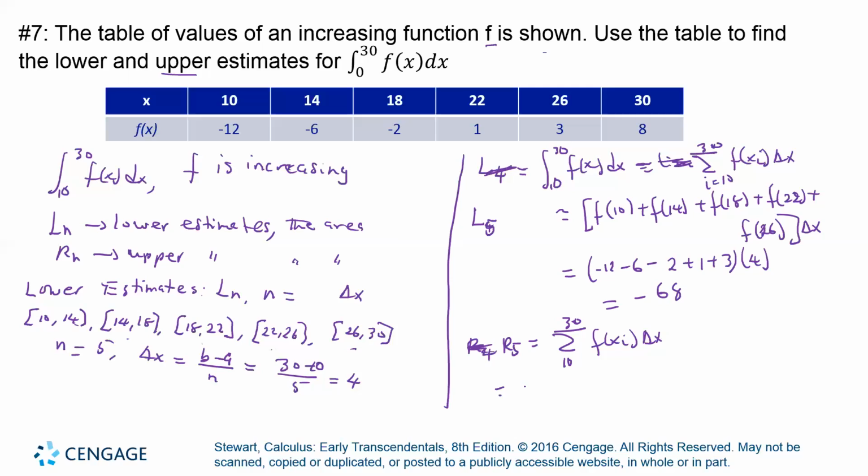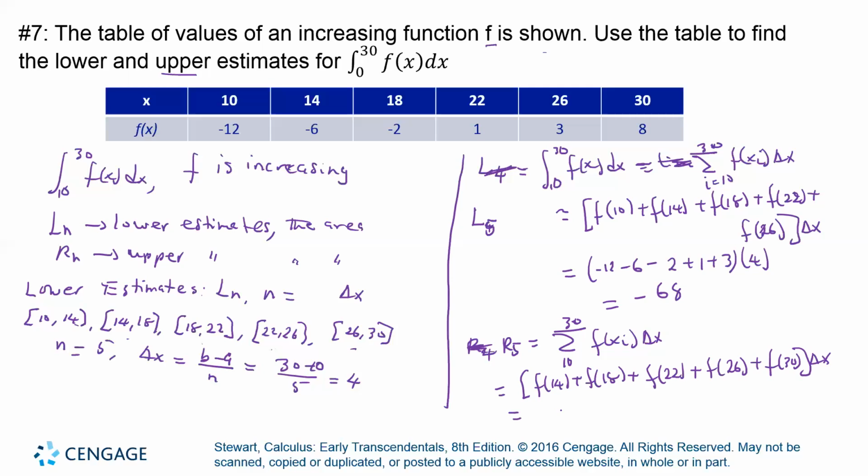What would that give us? We are using the upper endpoints this time. So it's going to be f of 14 plus f of 18 plus f of 22 plus f of 26 plus f of 30, then everything times delta x.